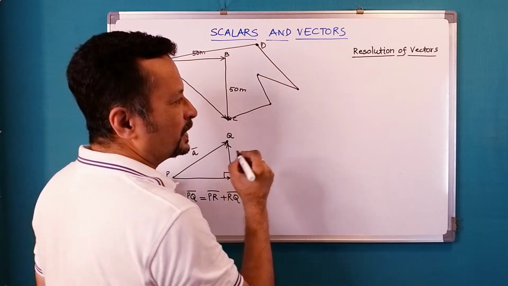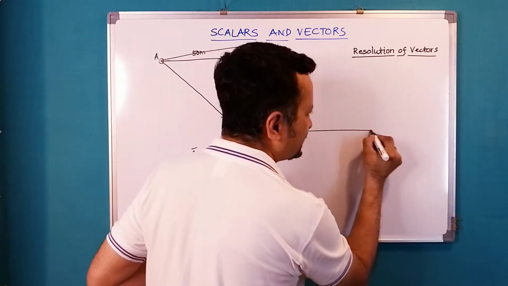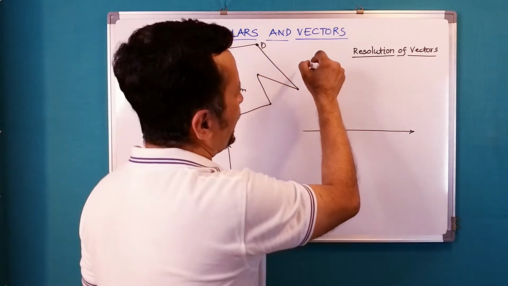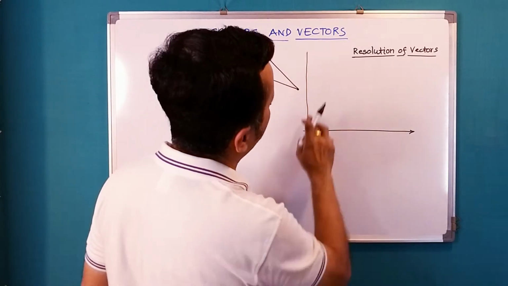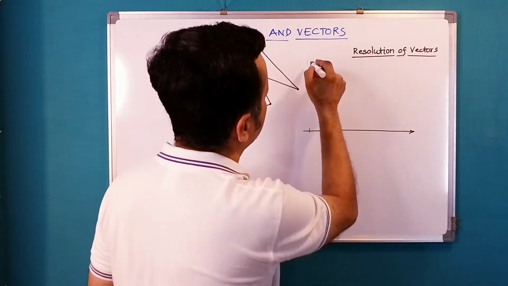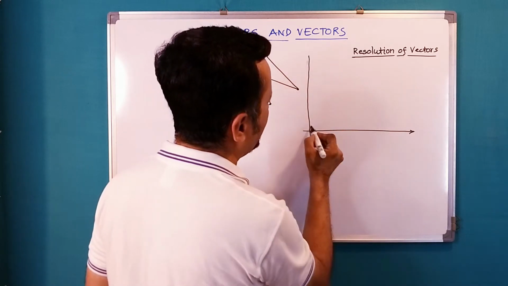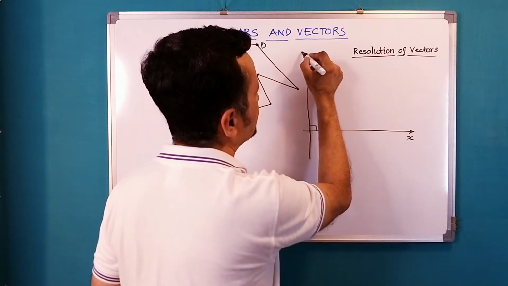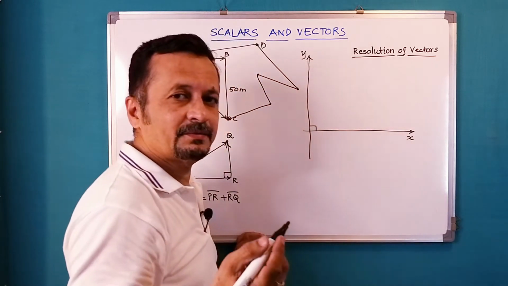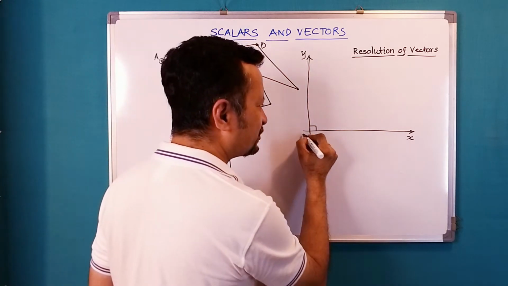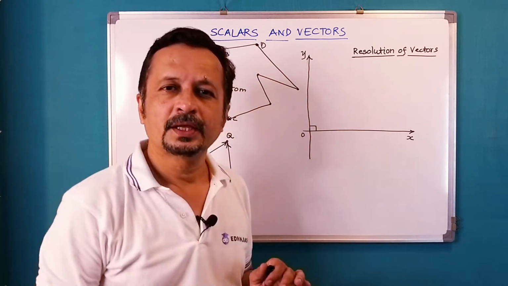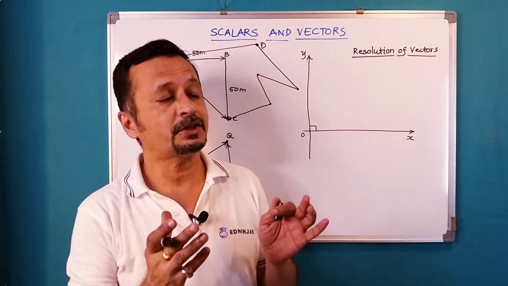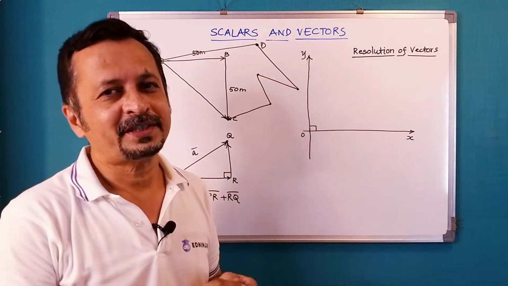So I'll have one x-axis over here, which happens to be the horizontal line, and y-axis, which is the vertical line. The angle between x-axis and y-axis is 90 degree, which we all know, and the point of intersection is origin.